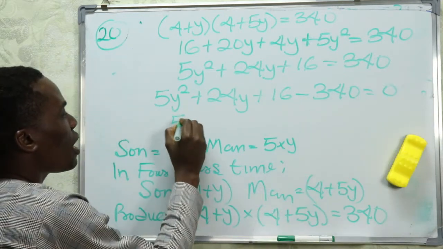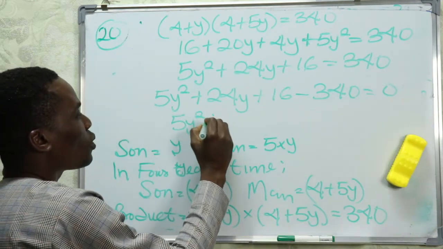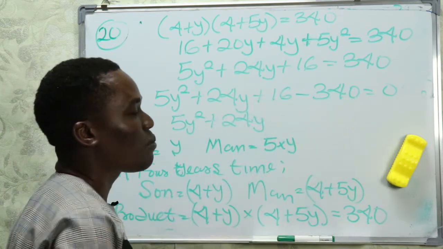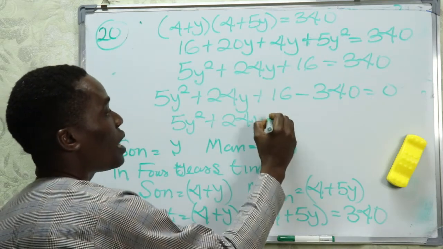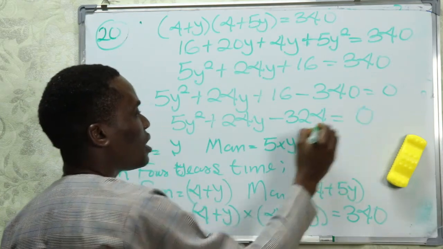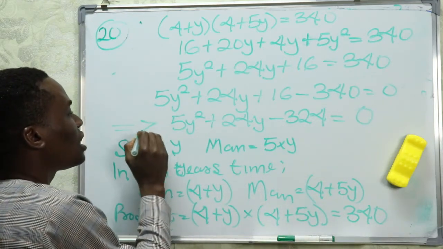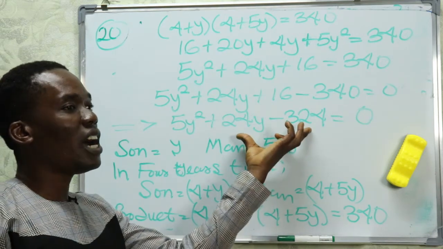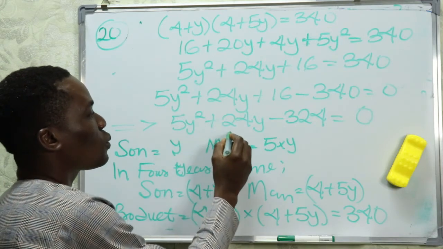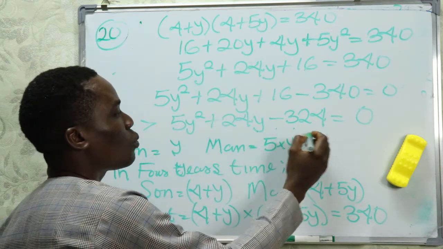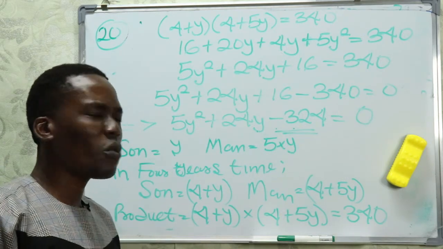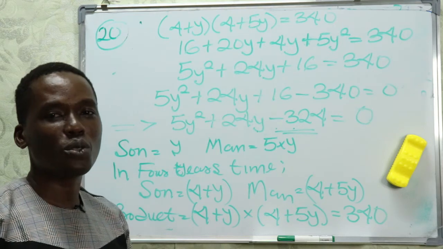Now our 5y squared plus 24y, 16 minus 340 will give us minus 324 equal to 0. So the product of their ages expressed in an equation in y is 5y squared plus 24y minus 324. You see how easy it is to solve questions like this.